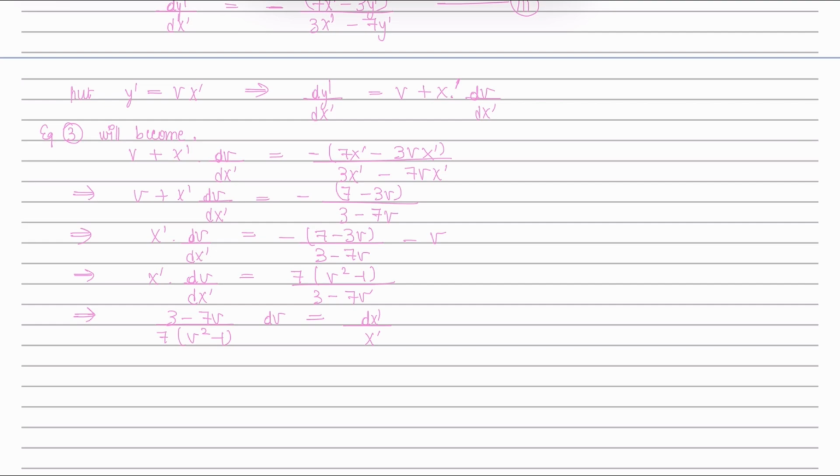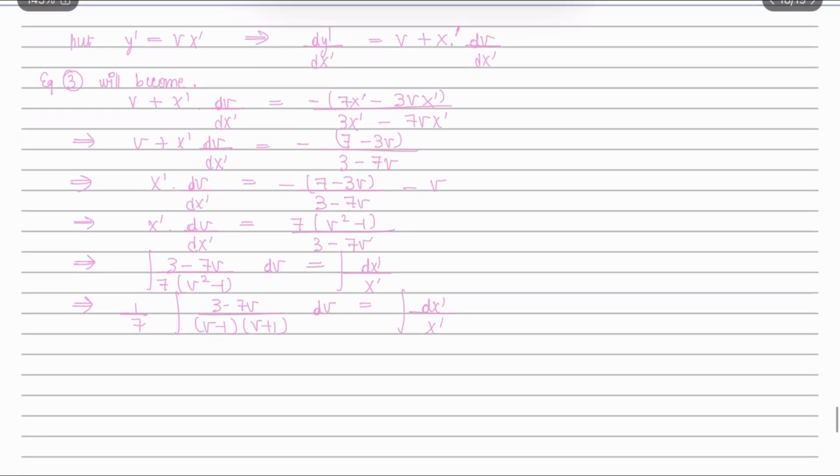Integrating both sides, this will become 1 by 7 integration of (3 minus 7v) whole divided by (v minus 1) into (v plus 1) dv is equals to dx dash upon x dash.